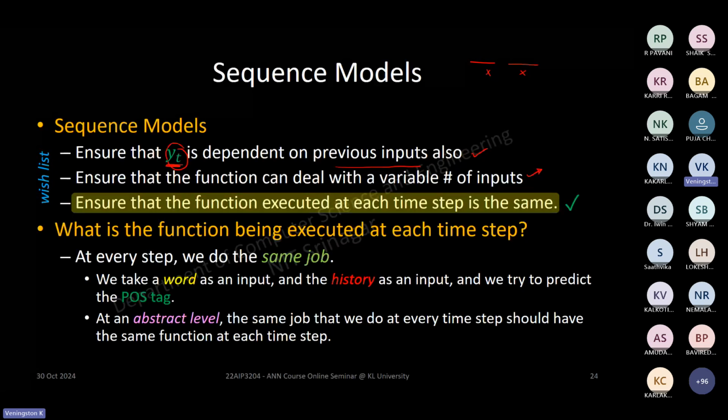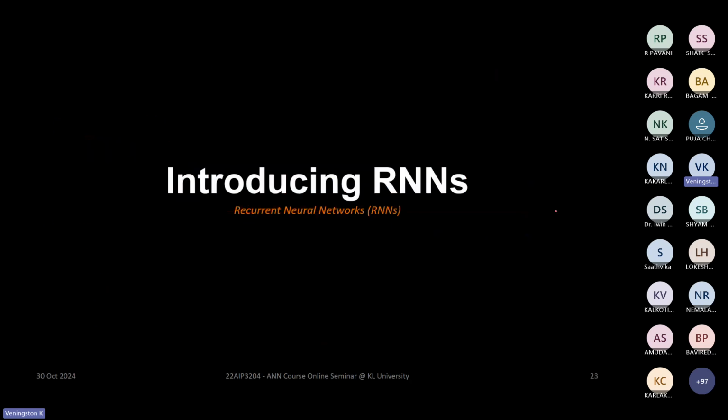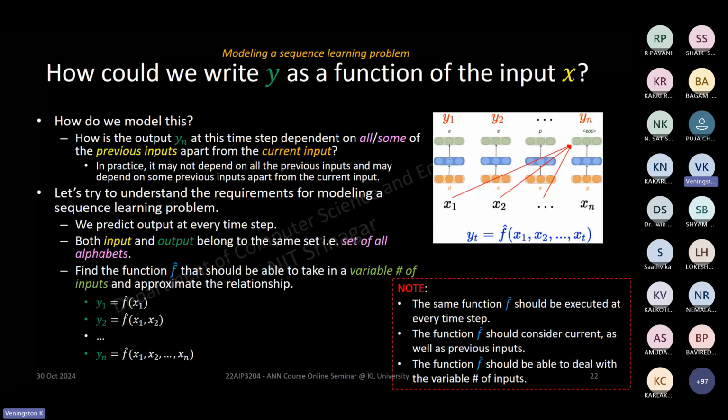At the same time, we want to ensure that the neural network function that is executed at each time step is the same, right? That's why I have shown you a structure which is very similar to this. At every time step, we carry out the same set of functions, and that's why these blocks look very similar to each other, because I don't want to change the function that is to be carried out at every time step.